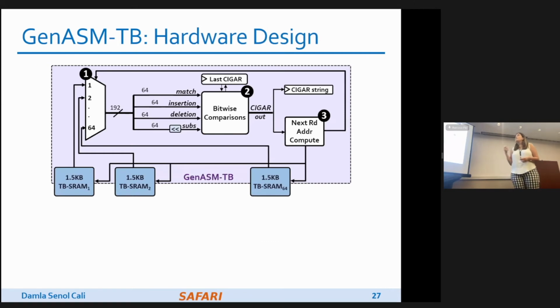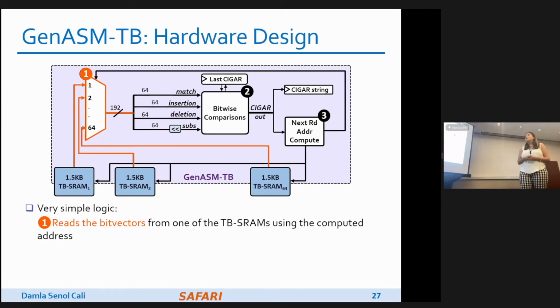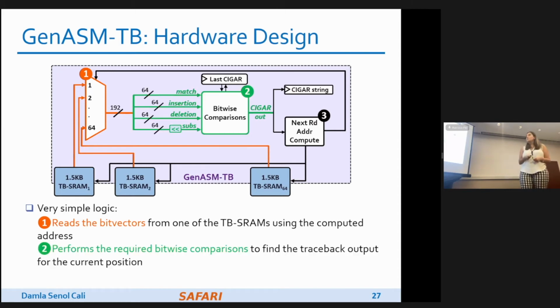And when we look at the TB hardware design, it's even simpler. It only requires first reading the bit vectors from one of the TB SRAMs and then performing the required bitwise operations. So we are basically reverse engineering what DC did, but not for all iterations, just for the optimal alignment path. So we do the reverse bitwise comparisons to find the traceback output for the current position.